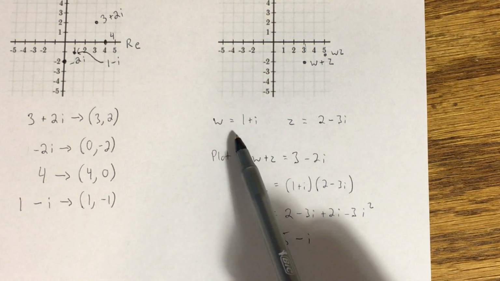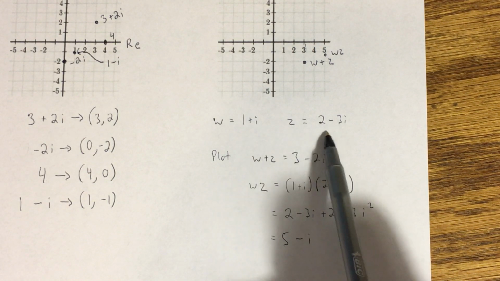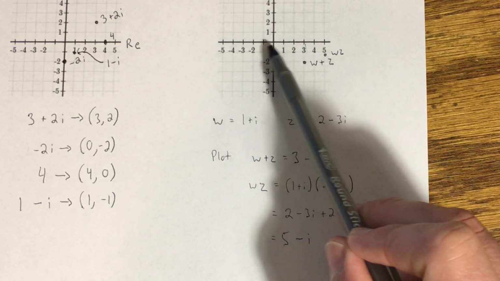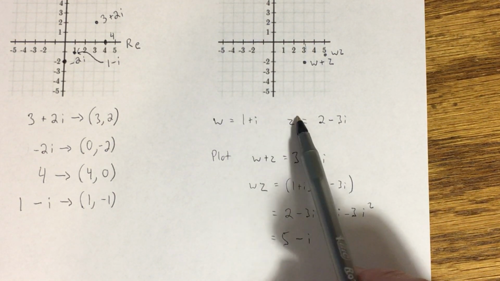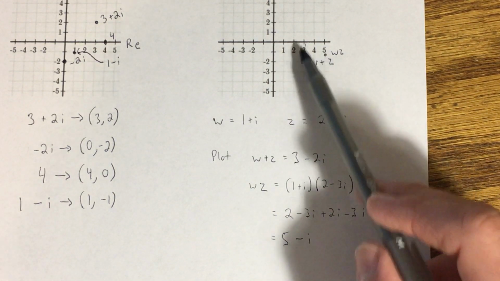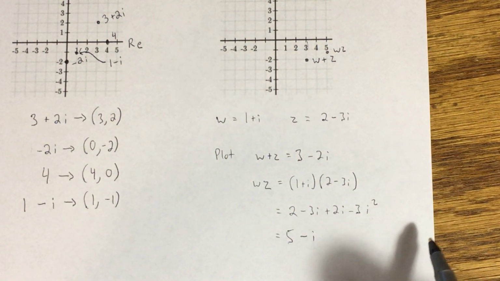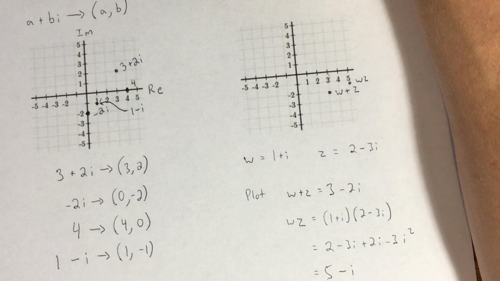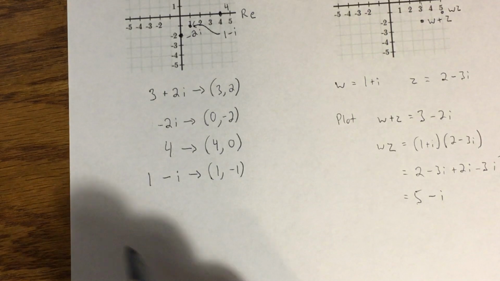Basically, if I were to look at the points w and z, in this case 1 plus i and 2 minus 3i, and plot those two points in the coordinate plane, the sum and the product of those two points, when plotted the way that we did here, have a special relationship to where the original points exist. But that's what we're going to talk about in the parent class. We're not going to worry about that here. Okay. Only a couple more things to talk about.